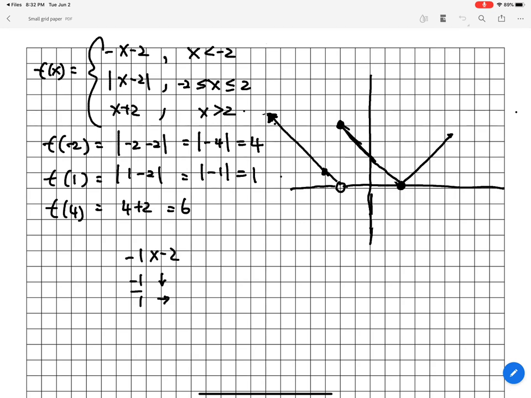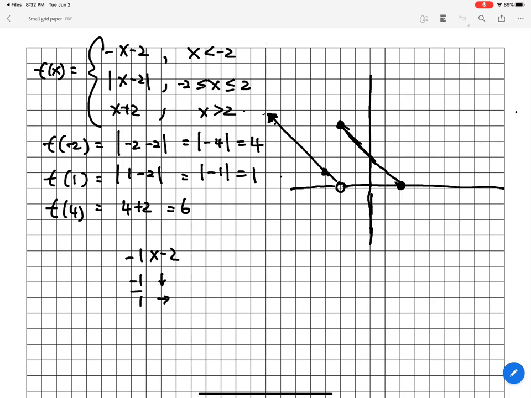And it is a solid dot because it's less than or equal to. So this equation, even though it's an absolute value, because of the restriction, looks like it's just a straight line. Okay, we're done with this absolute value.